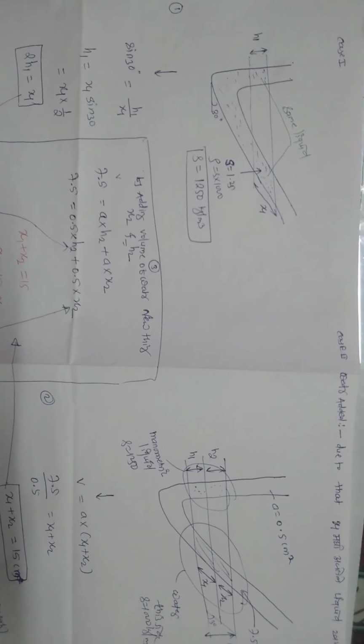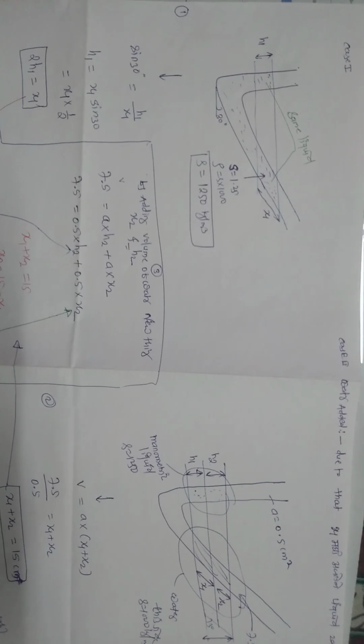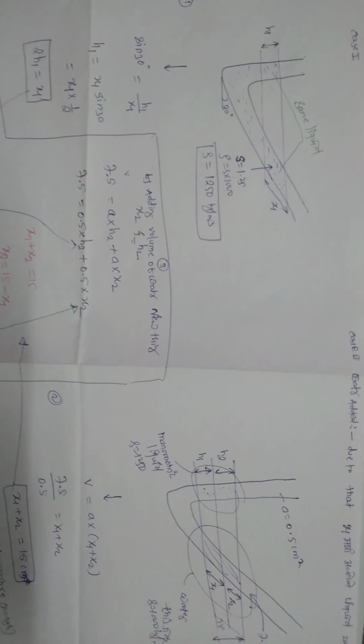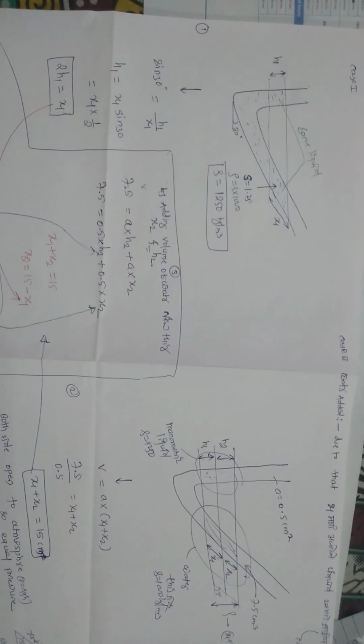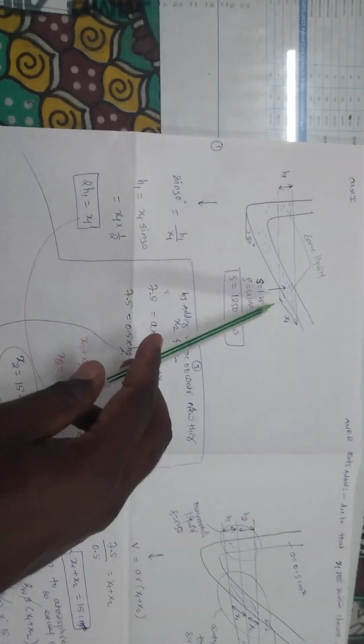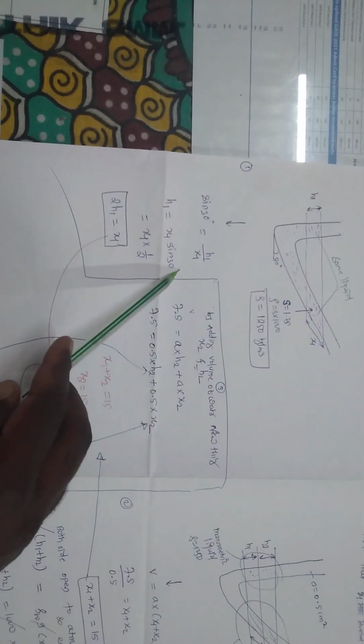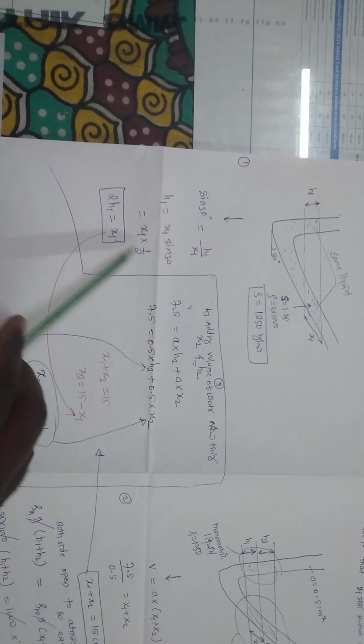As per the given data, initially specific gravity 1.25 liquid is poured in the inclined tube. So in this inclined tube, meniscus movement we are noting as x1 and vertical height as h1. So apply sin theta is equal to h1 by x1. h1 is equal to x1 sin 30.